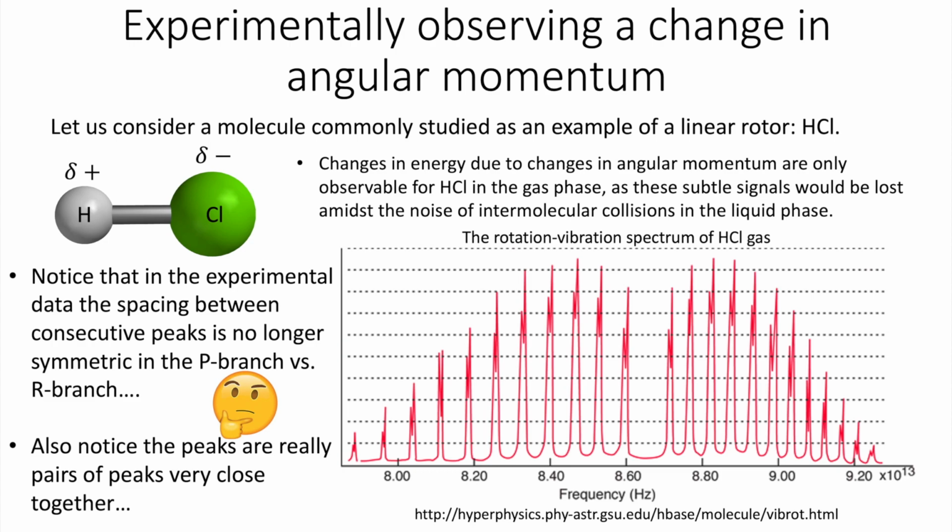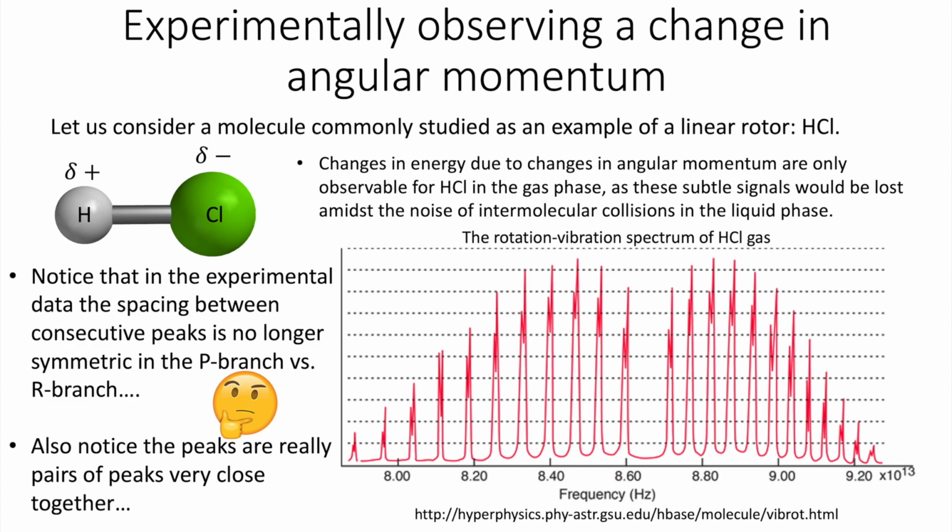Now, take a good look at this and remember the theoretical one. The first thing I want you to notice is that the symmetry is now broken. If we look at the right, those are much more condensed than the ones on the left. That spacing between peaks is clearly tighter on the R branch, on the right, than on the P branch on the left.